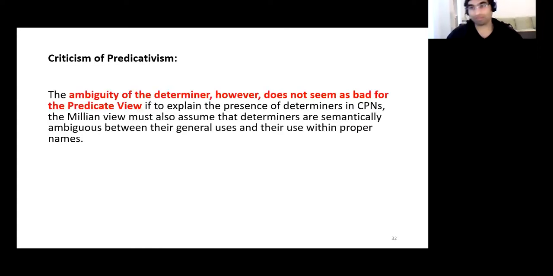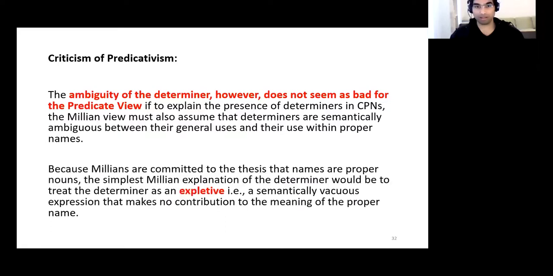So now I'm going to argue that the ambiguity of the determiner, however, does not seem as bad for the predicate view if, to explain the presence of determiners in complex proper names, the Millian view, or for that matter any other view of names, must also assume that determiners are semantically ambiguous between their usual occurrences and their occurrences within proper names. In the case of Millianism, it can be seen that the determiner in complex names must have semantics different from their usual occurrences.